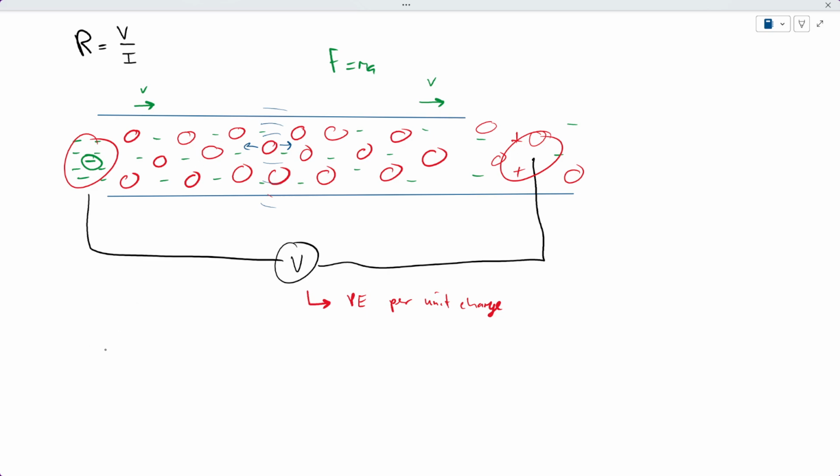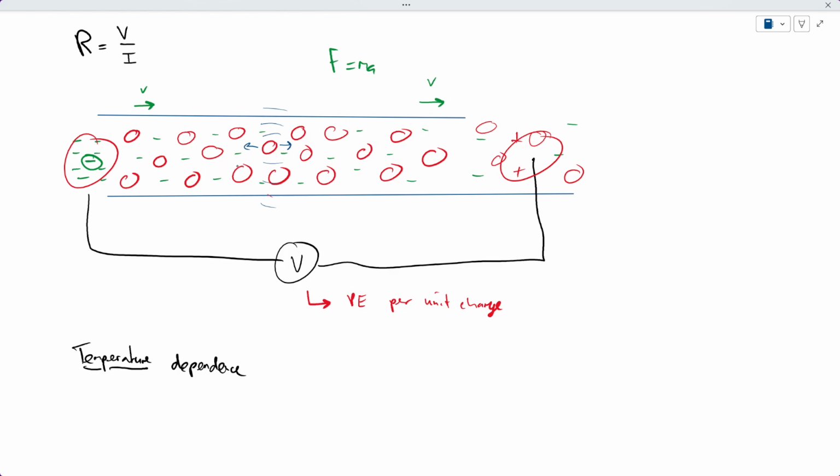There's another thing worth remembering here. Temperature dependence is important too. And if we think about that, that's relatively easy to explain. If I increase the temperature of this piece of wire, the first thing I would notice is that the particles move faster.